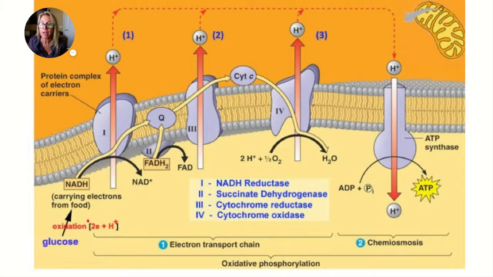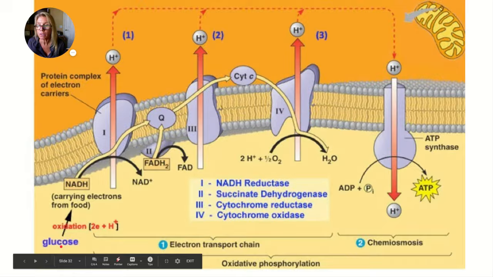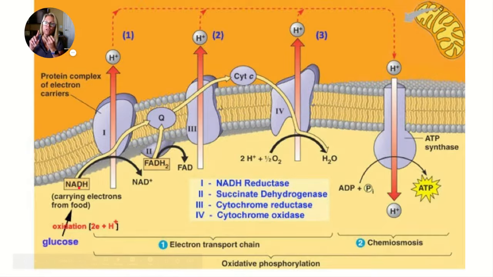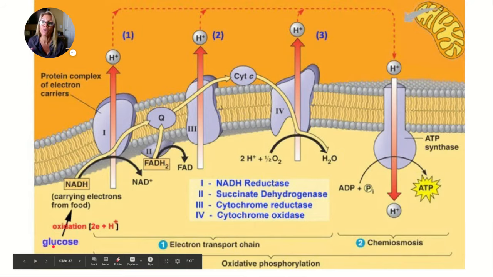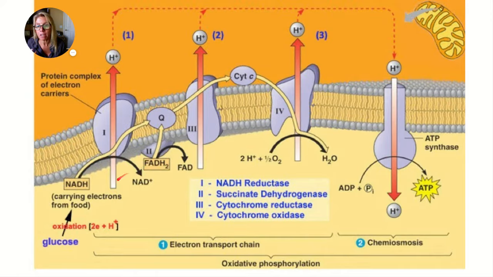Okay, here comes glucose, and using the glucose, you're going to do glycolysis, transition prep, Krebs cycle, and you're going to generate these NAD. Notice that it says they're carrying electrons from food. Glucose or any other molecule we want to use right here. The NAD is dropping off the electrons and becoming oxidized so it can be reused again.